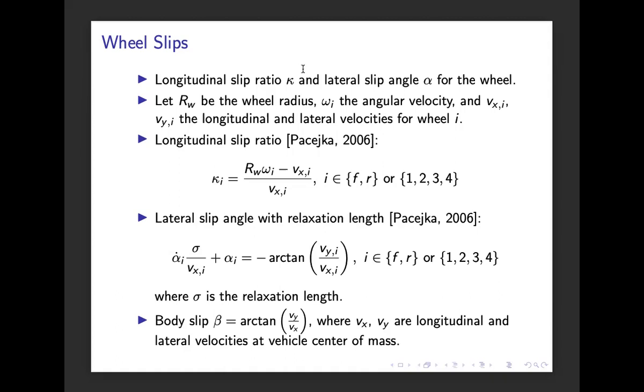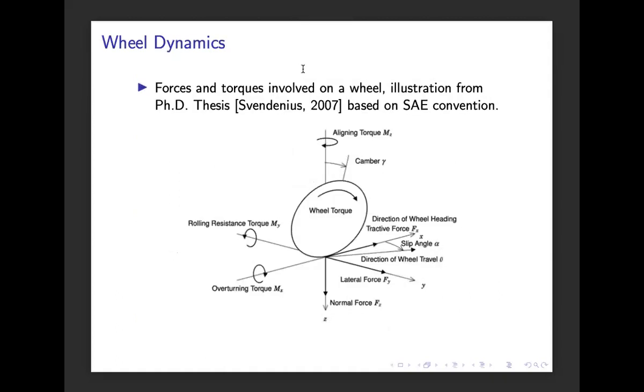That is often used in vehicle, tire or wheel modeling to describe that it takes a certain time before the slip angle develops. But in the foundation, the slip angle is defined as we see here in this figure. It is a measure of how much the velocity vector deviates from the actual direction of the wheel.